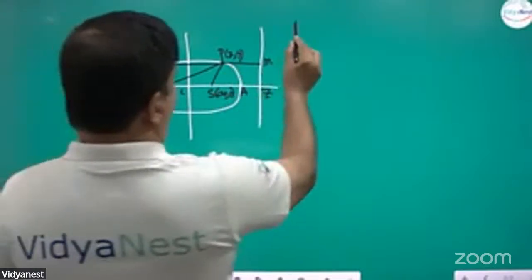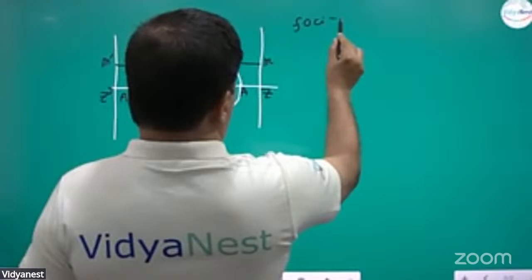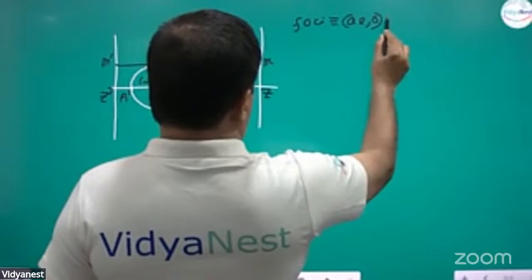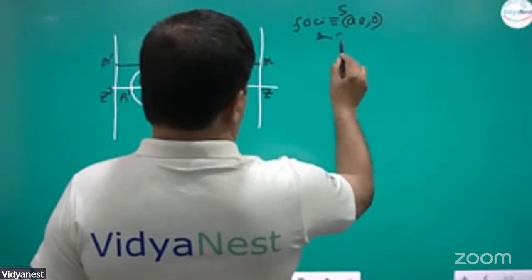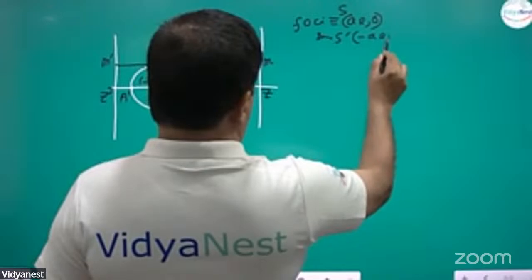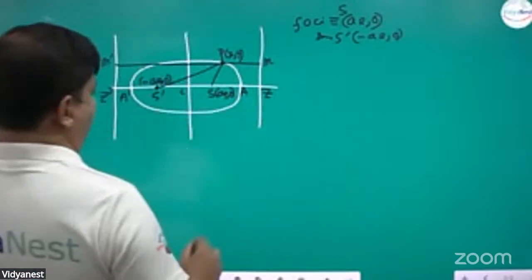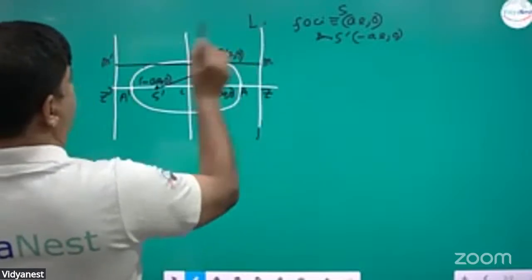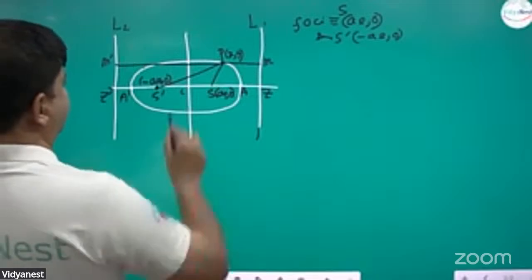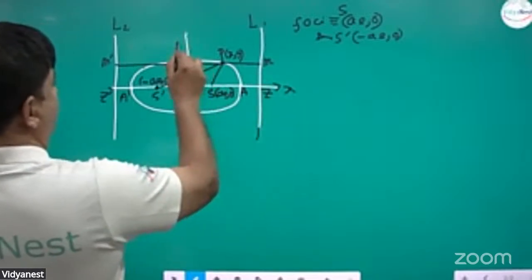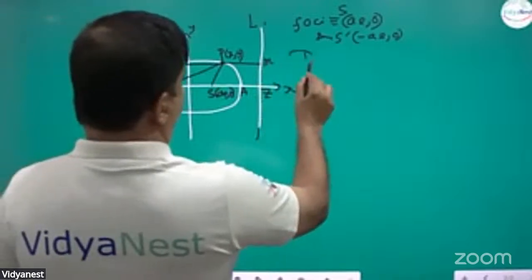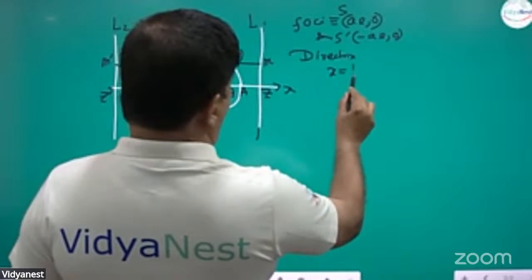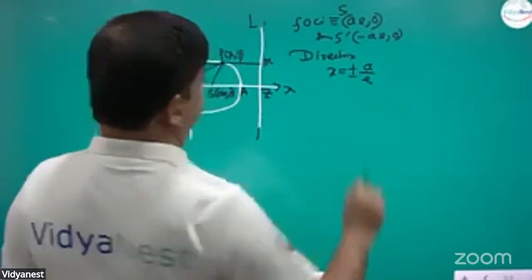We have got foci (a, 0), that is S, and S dash (minus a, 0), and the equation of the directrix we have got x is equal to plus minus a by e.